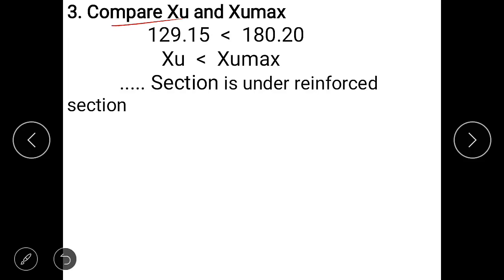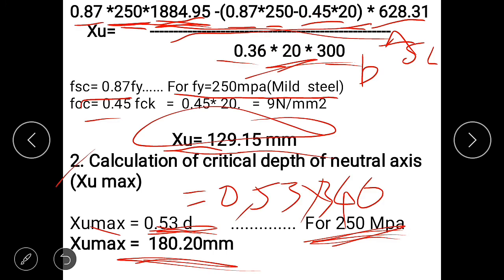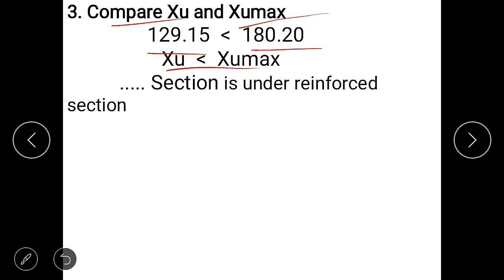Now compare xu and xu max. Our xu value is 129.15 and xu max is 180.20. xu is smaller than xu max, so the section is an under reinforced section.